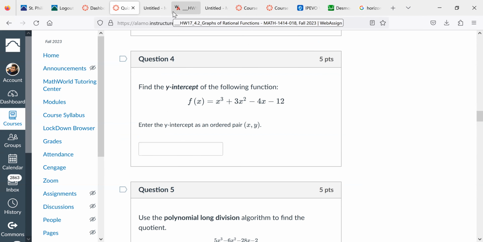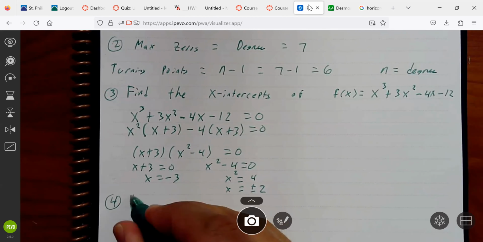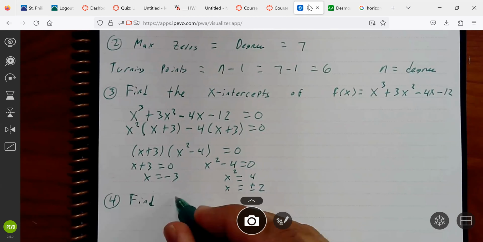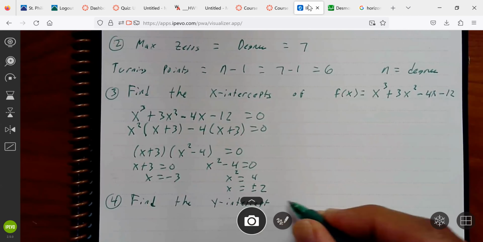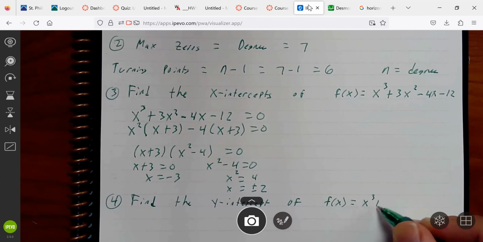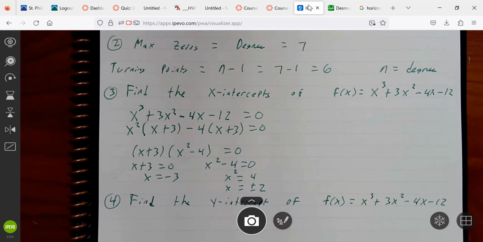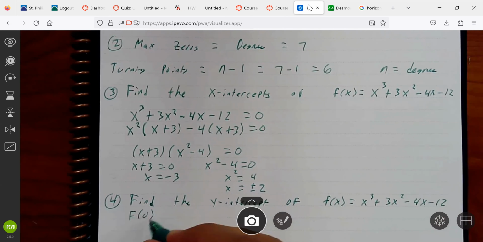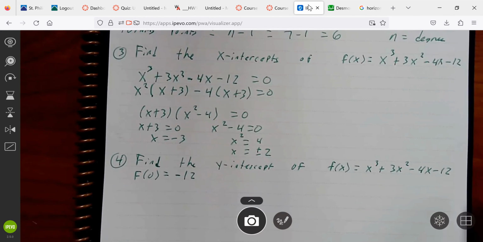This one looks like the same question, but y-intercept. If you plug in 0, it would all be gone except -12.